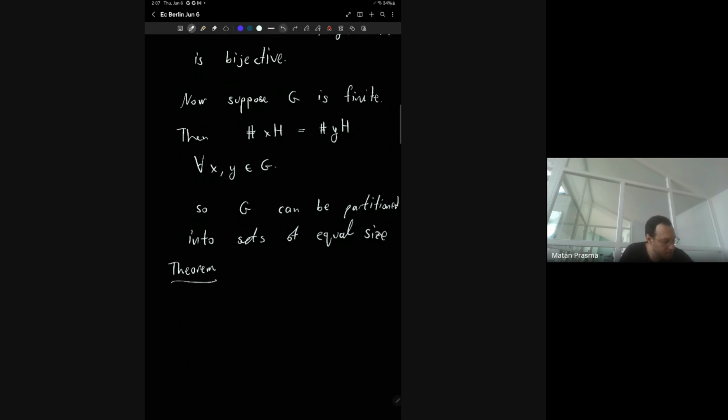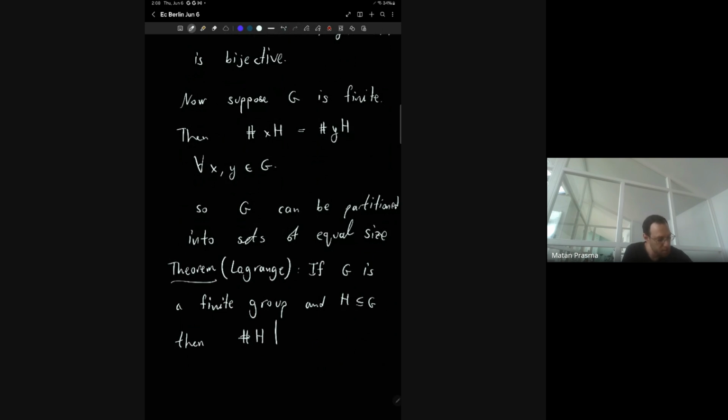Lagrange says if G is a finite group and H is a subgroup, then the number of elements in H must divide the number of elements in G. And the proof is basically the discussion we had.